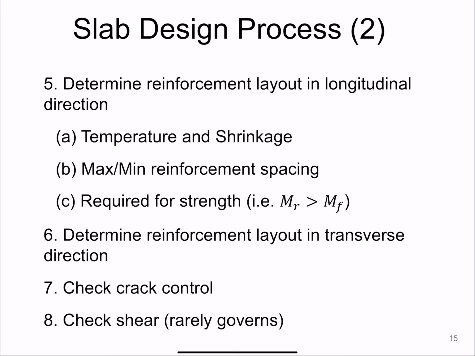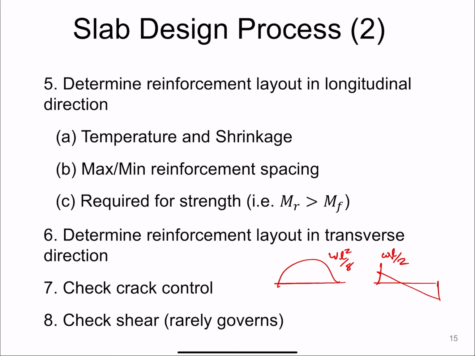The span of these one-way slabs is actually way larger than what we have to be worried about for shear. For example, in any member, the moment is WL squared divided by 8, and the shear is simply WL over 2.